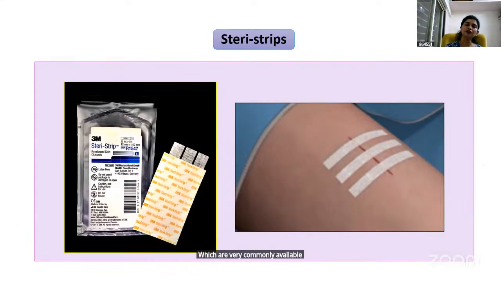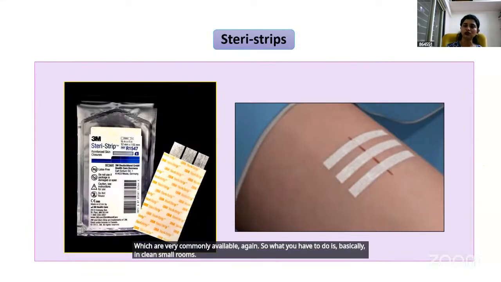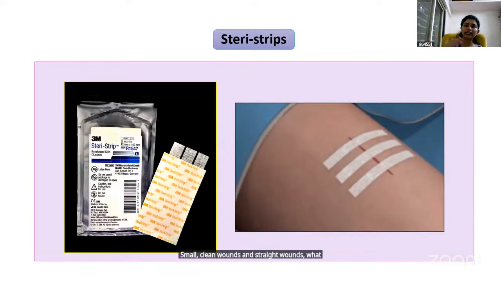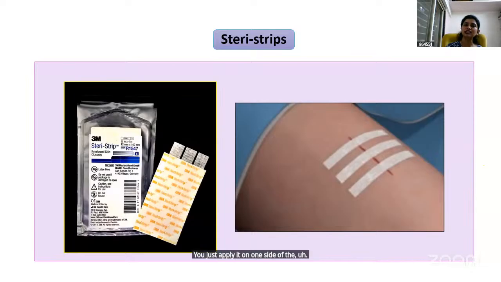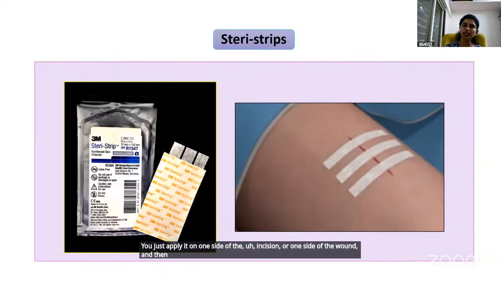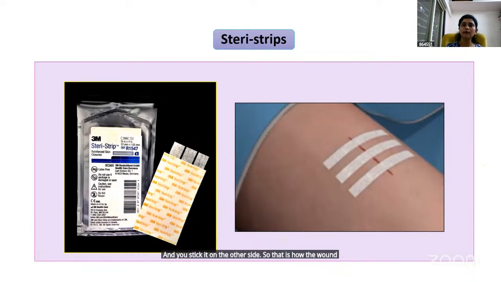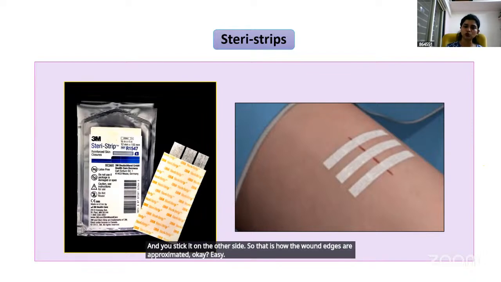In small, clean, straight wounds, you clean the wound nicely, dry it, and directly apply these tapes for approximation, right? You apply it on one side of the wound, then slightly pull it and stick it on the other side. That is how the wound edges are approximated. Easy. No suturing is required, right?